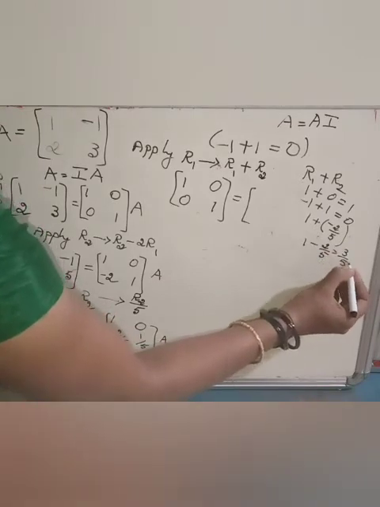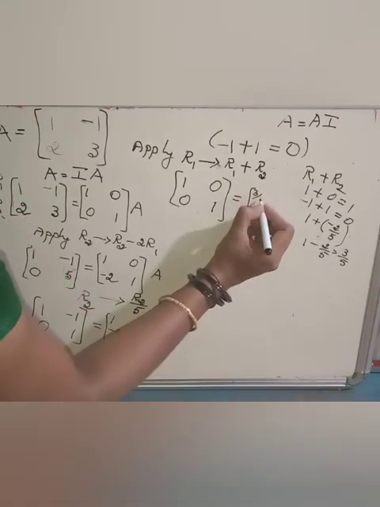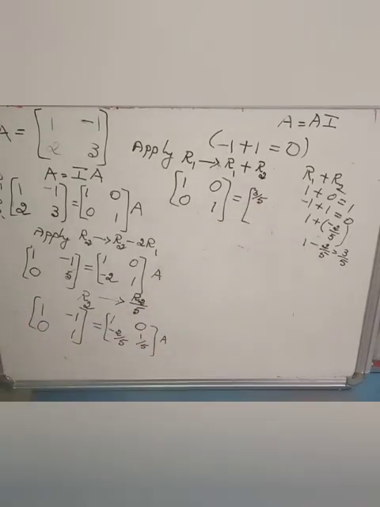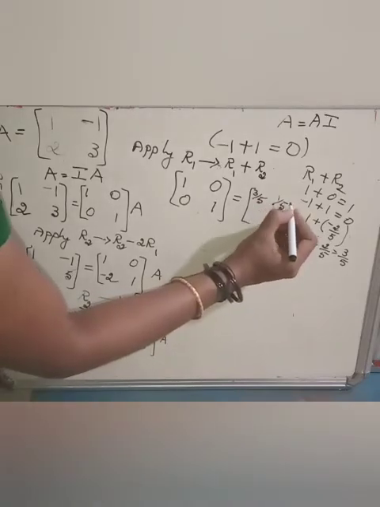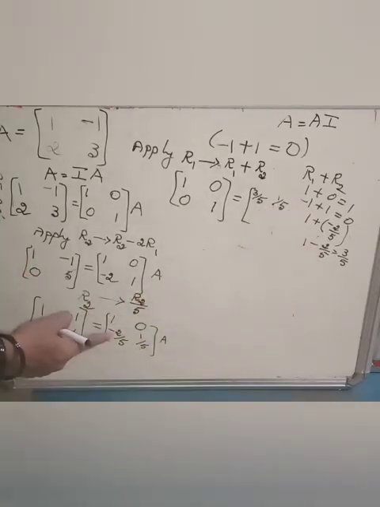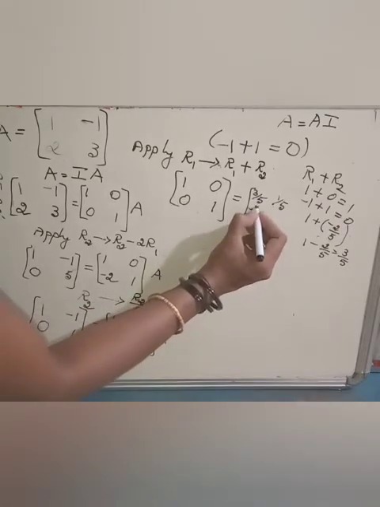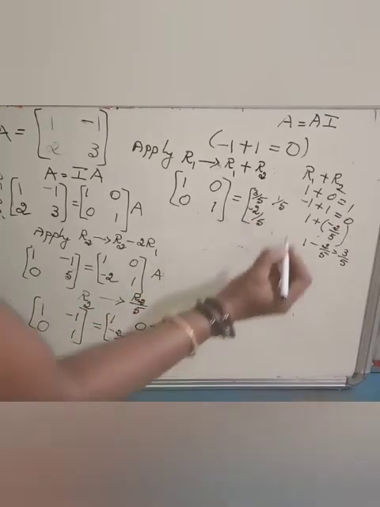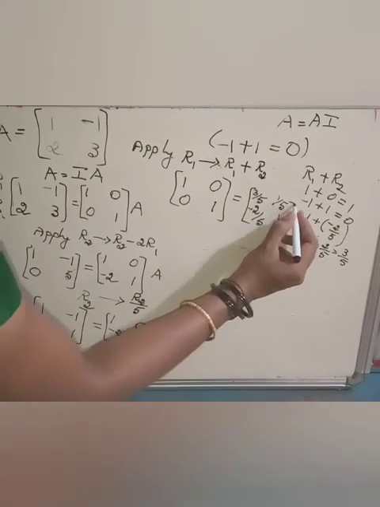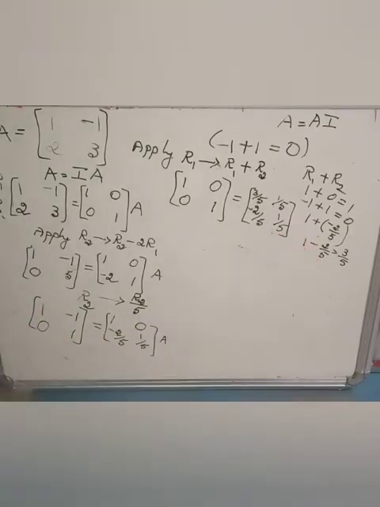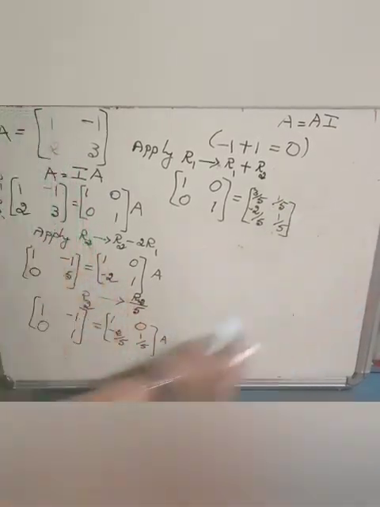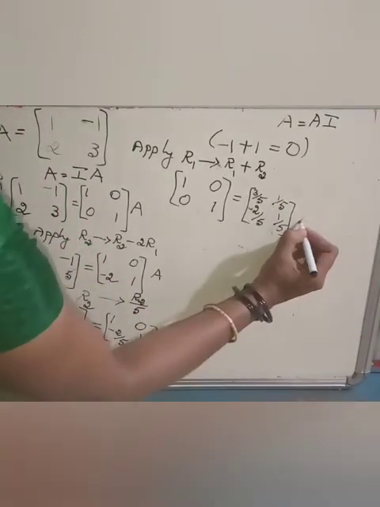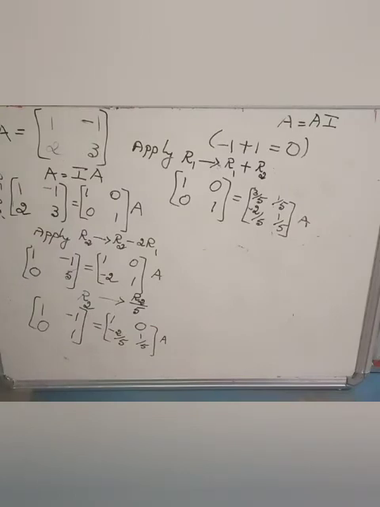These are rough work here. So this entry is 3 by 5. Next, 0 plus 1 by 5. So this is automatically 1 by 5. So write the second row as it is, minus 2 by 5 and 1 by 5, into the matrix A. Okay.